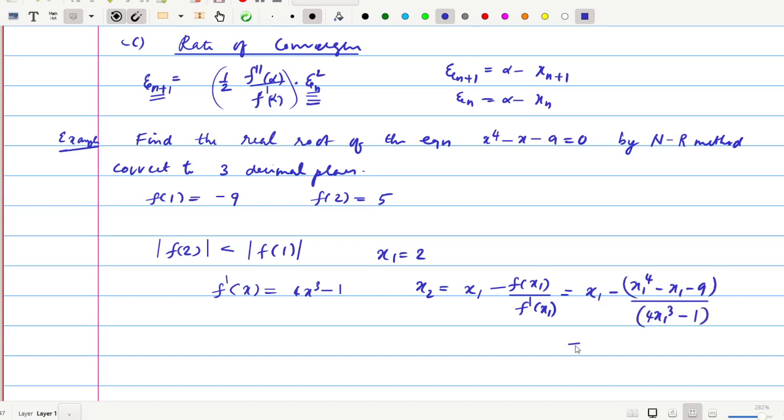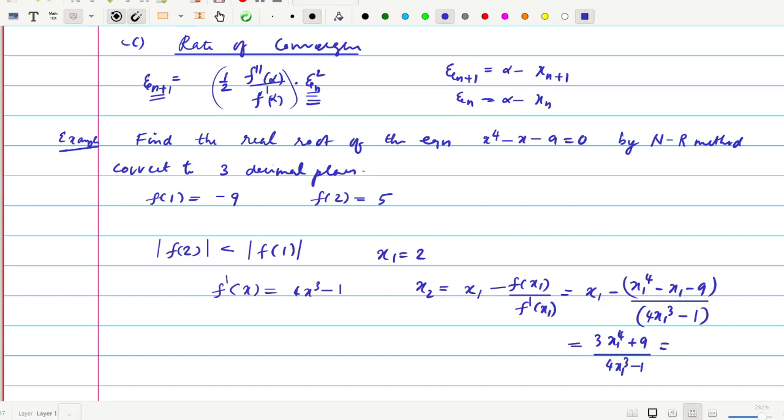Now you can simplify this, and that will give 3 times x1 raised to 4 plus 9 divided by 4 x1 cube minus 1.